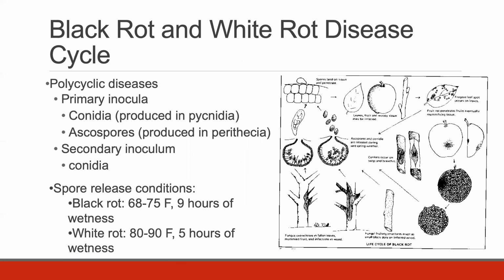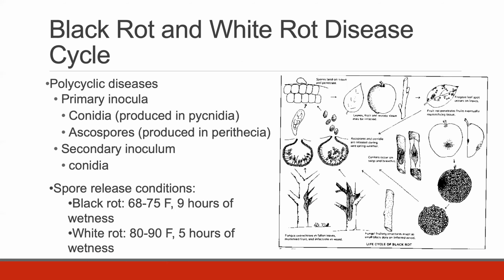The heaviest discharge of spores occurs around blossom time, but the production of conidia may continue during wet periods throughout the summer. Therefore, white rot and black rot tend to be more predominant during wet summers. The spores overwinter in pycnidia or perithecia on mummified fruit, dead wood, and also fallen leaves for black rot.